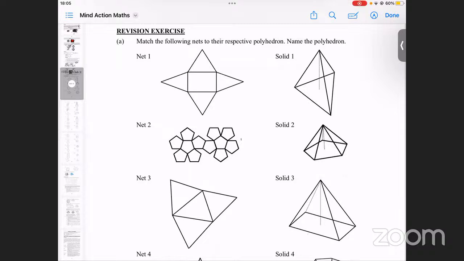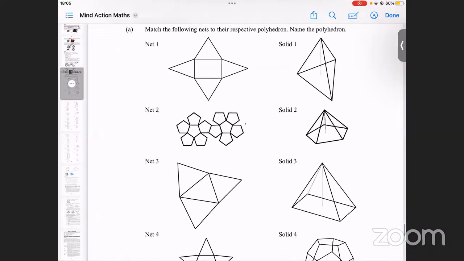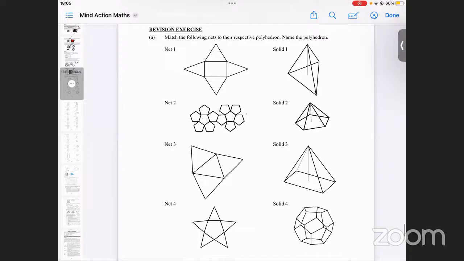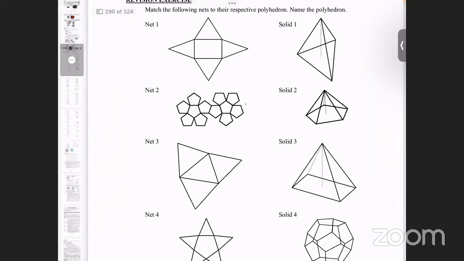A net is when it is unfolded. We're also going to do another question in relation to the cylinders and the cubes, but for now we're just going to match these nets with their solids.